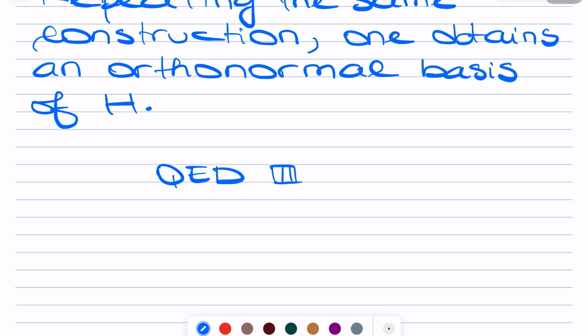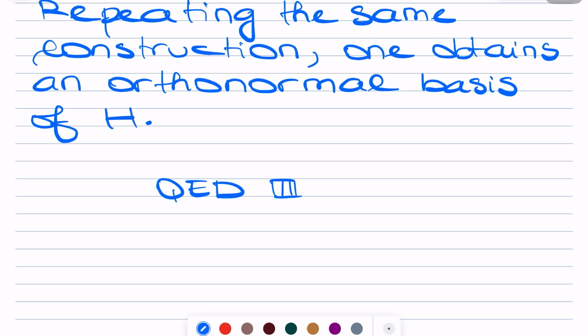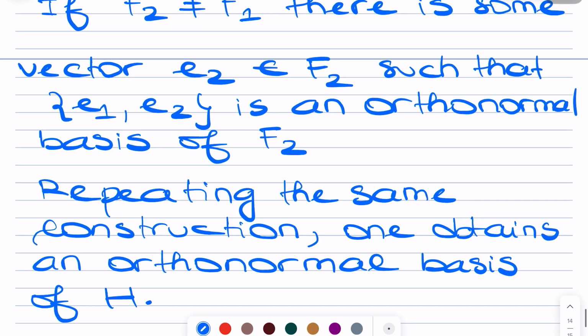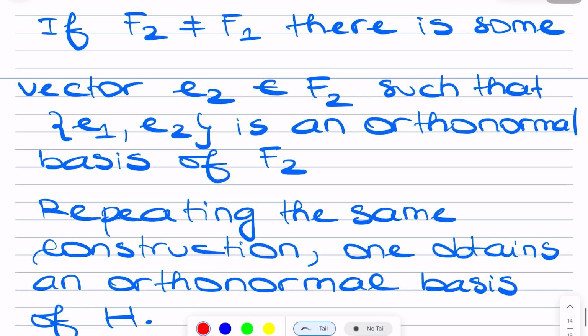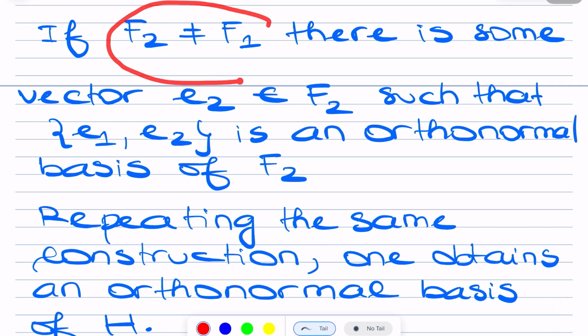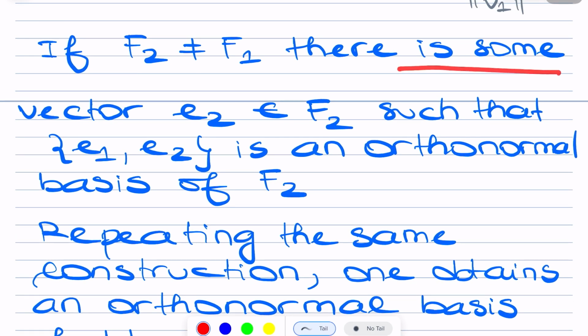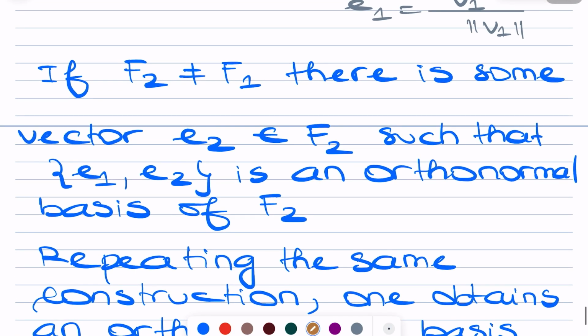Let me just quickly come back to explain something. I said that if F_2 is different from F_1, there is some vector e_2, but the existence of that vector comes from the Gram-Schmidt algorithm.